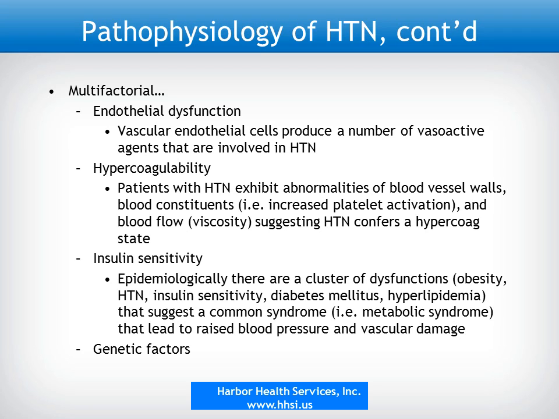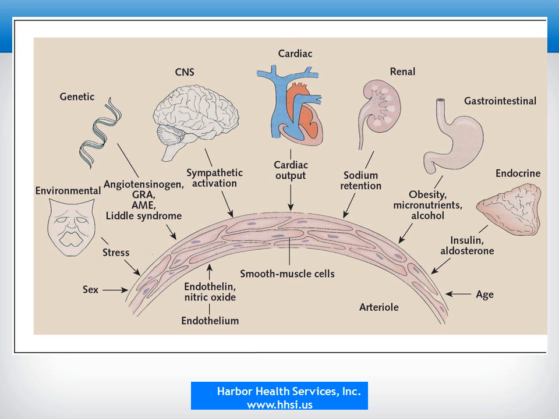And then, a lot of times it's in your genetics. So this is just a figure outlining what I just talked about. All these different factors: environmental, stress, genetic, central nervous system, cardiac, renal, gastrointestinal, endocrine, they all affect the way that the blood vessel walls contract, and that leads to increased blood pressure.